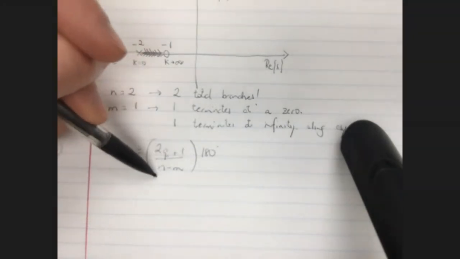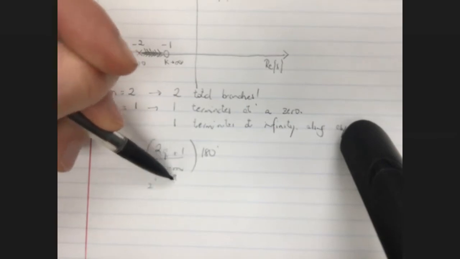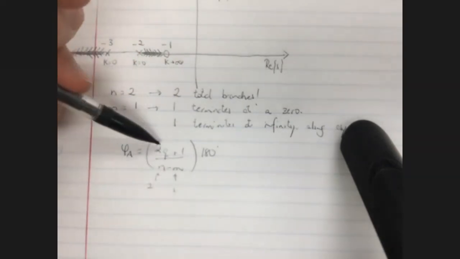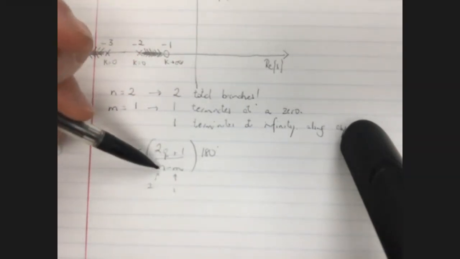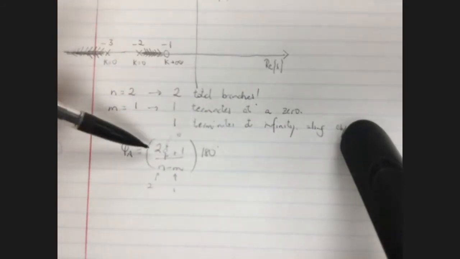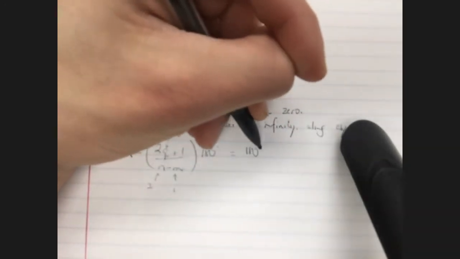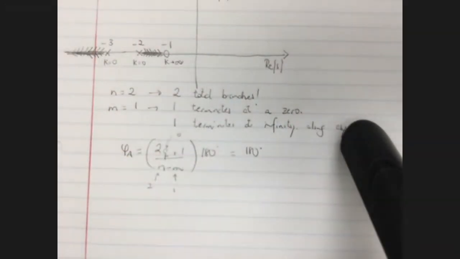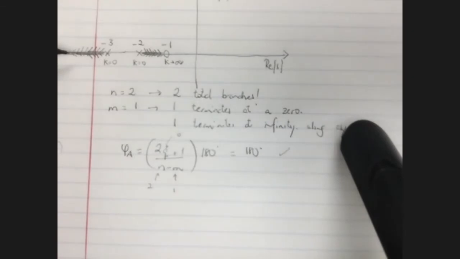And so here I've got n equal 2, m equal 1. I've got q all the way from 0 to n minus m minus 1, so just 0. Therefore, I got 1 over 1 times 180, which is equal to 180. So indeed, the angle of my asymptote is going to be 180, which completely checks out with what I have already drawn. So that's great.